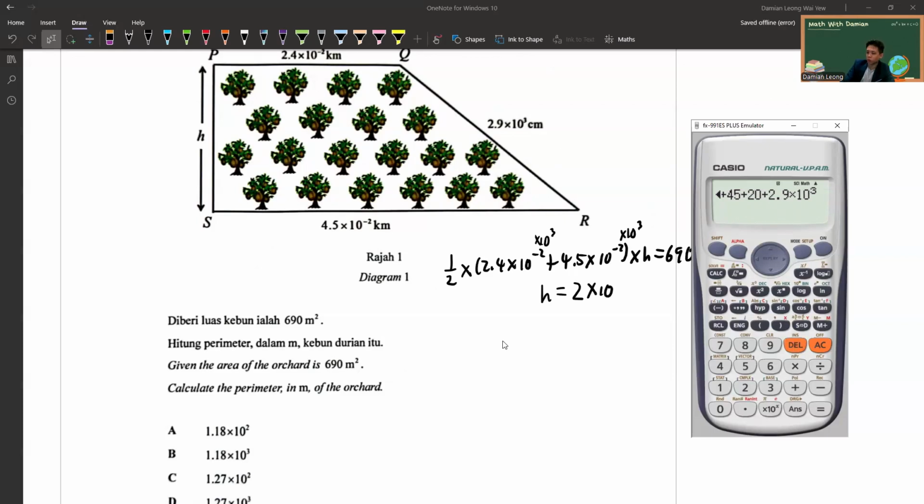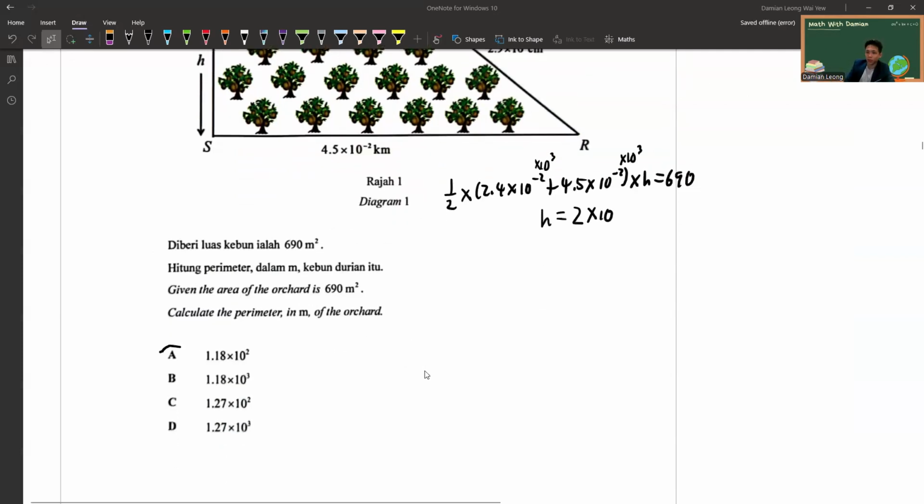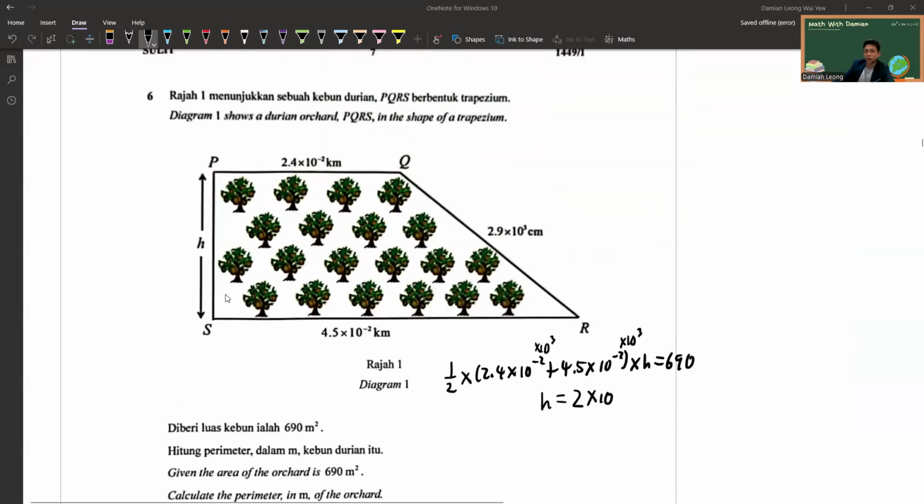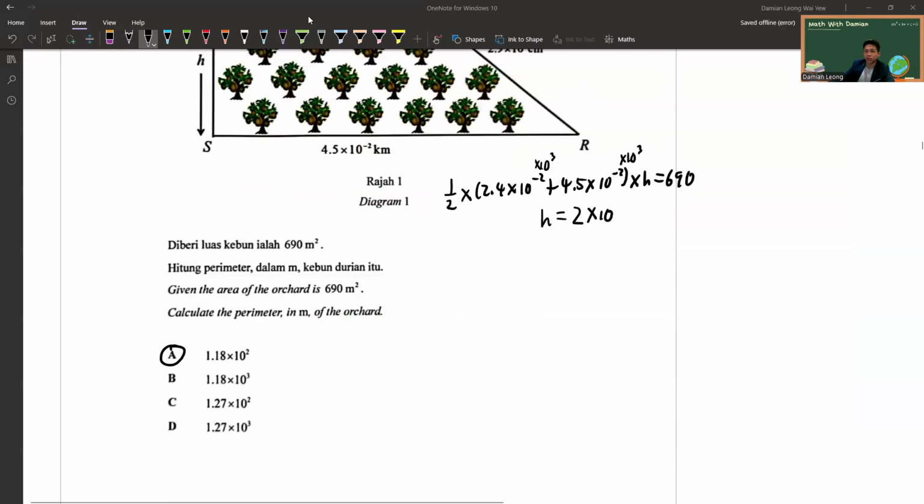This is in cm, so change to meters, meaning divide by 100. cm to meters, divide by 100. So we get 1.18 times 10 to the power 2. Answer A. Okay, that is question 6.